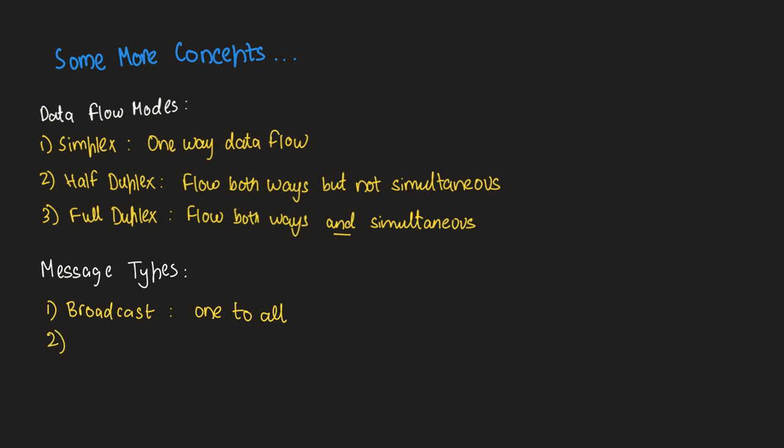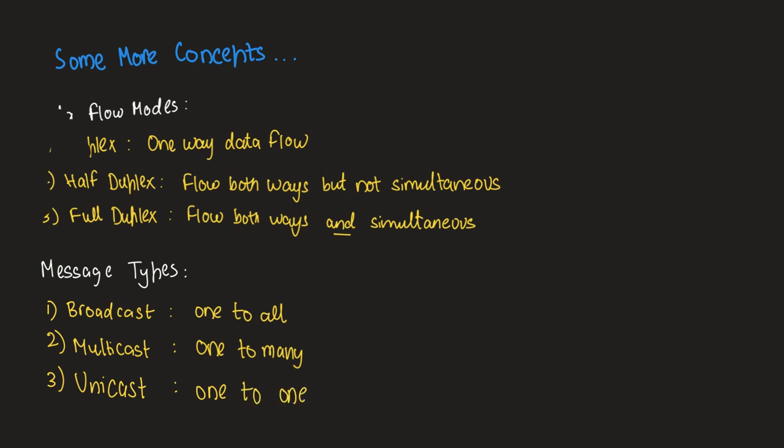The second is multicast, where the message is sent from one to many. So not all of them, but many of the devices. We then have unicast, where the message is sent between two devices, so it's one to one.